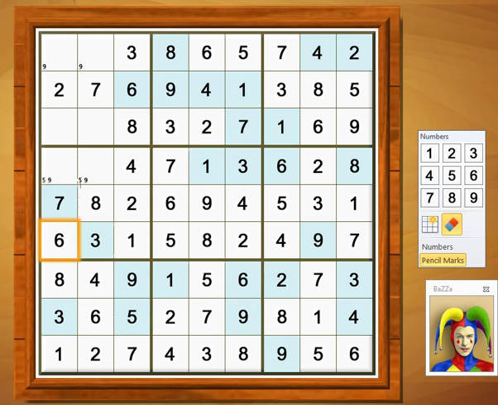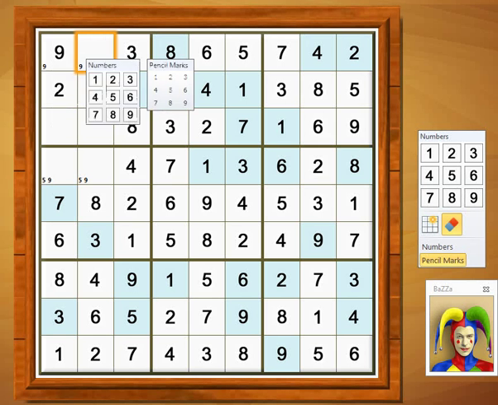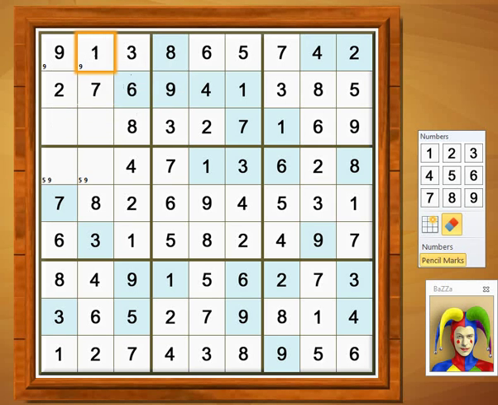Now we've got 5, 9, but we haven't got any 5 9s yet. So in this one here, we're missing the 1 and the 9. And we can see we've got a 1 here. So that is going to be the 9, and this is going to be the 1, because the 1 cannot be there.